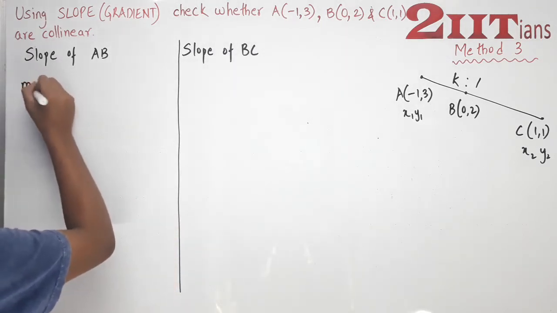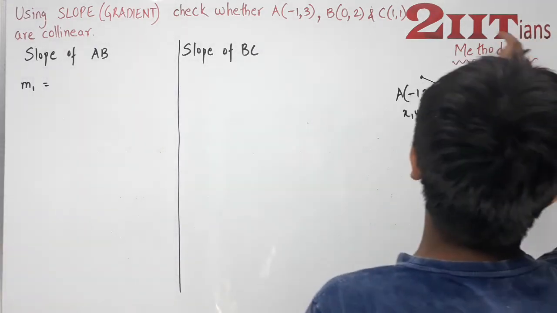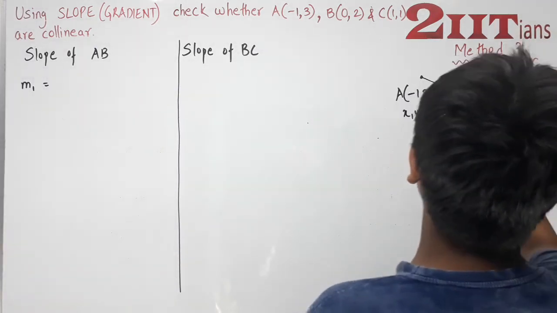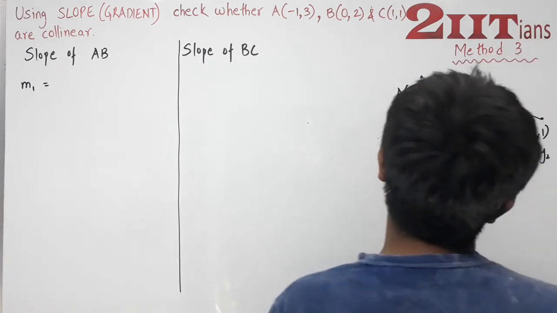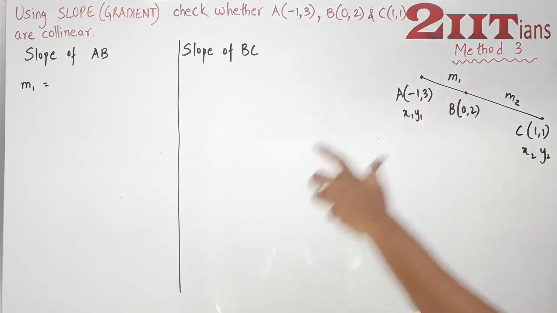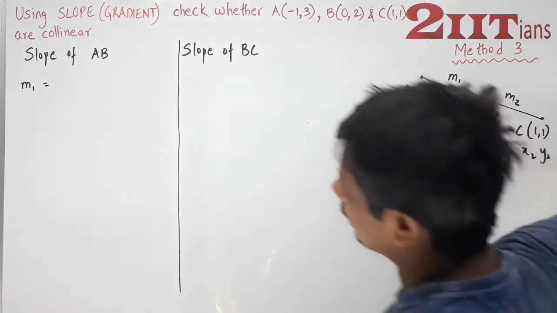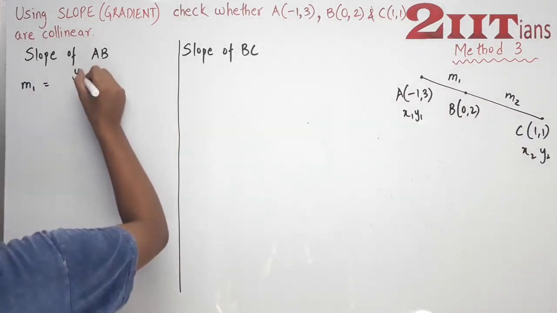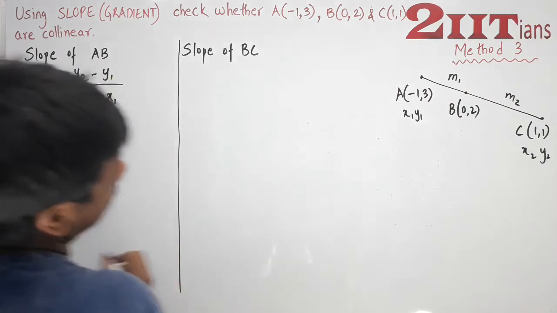So let us assume that the slope of line segment AB is M1, the slope of line segment BC is M2. Don't think that M1 is to M2 is some kind of ratio. Here we are dealing with the gradient or slope and the symbol is M.